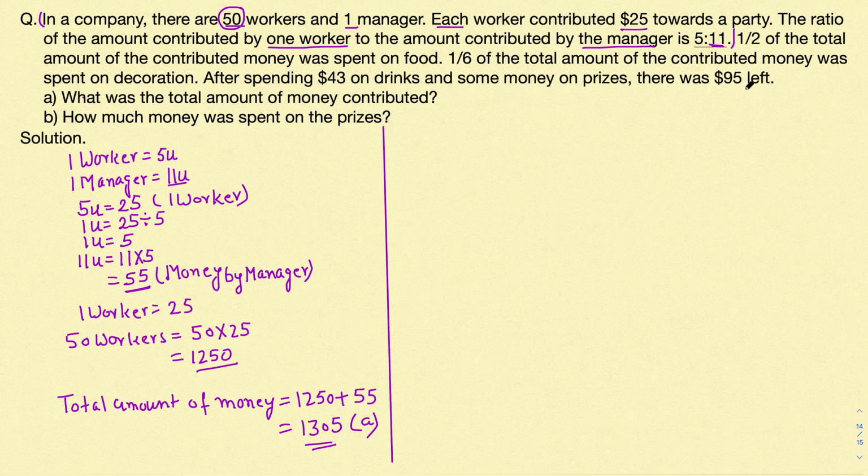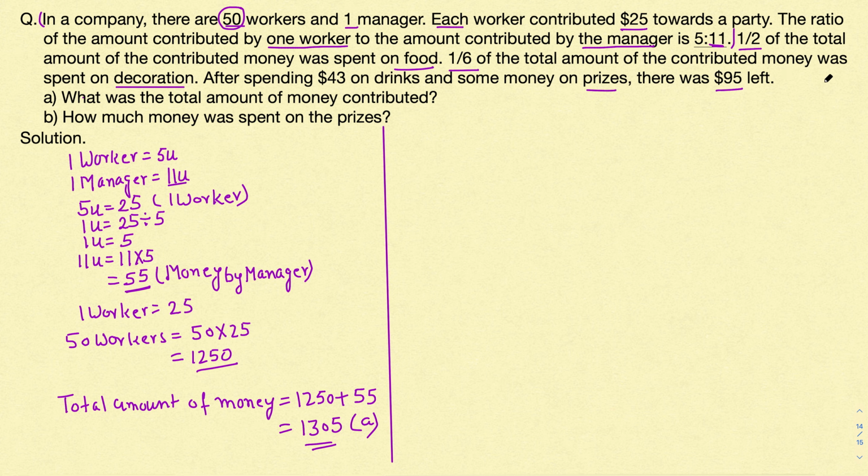So let's read it. Half of the total amount of contributed money was spent on food. 1/6 of the total amount of contributed money was spent on decoration, and after spending $43 on drinks and some money on prizes, $95 was left.